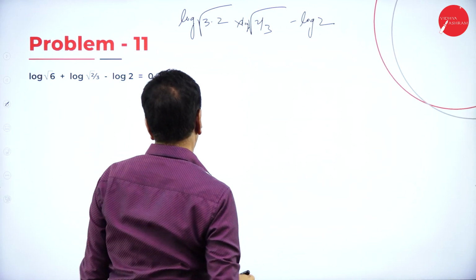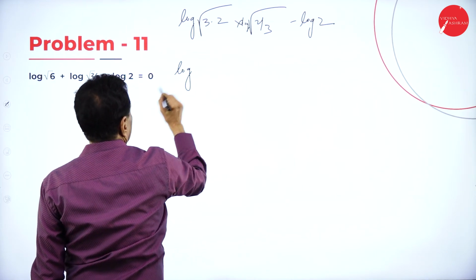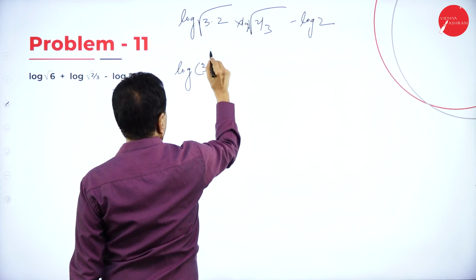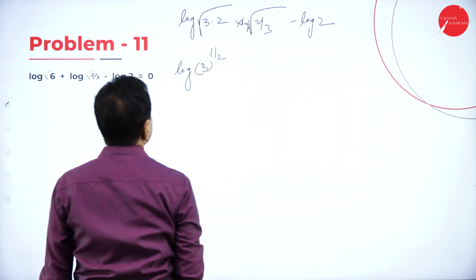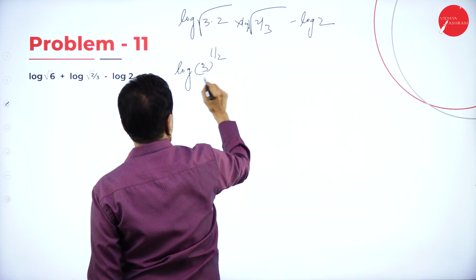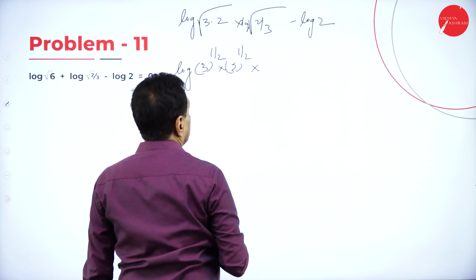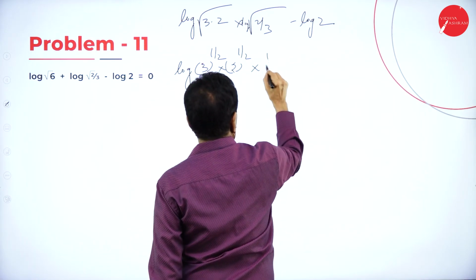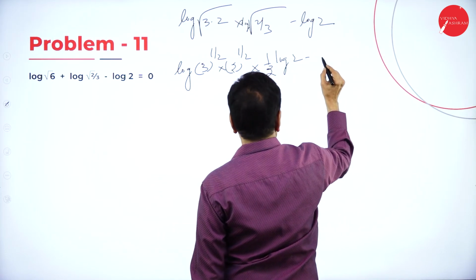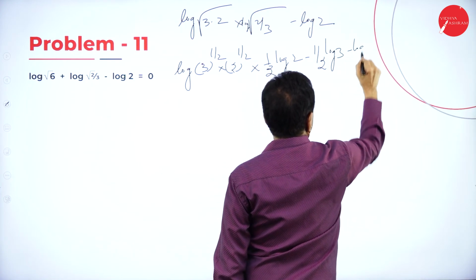This can be written as half log 3 into 2 to the power of half. This can be written as half log 2 minus half log 3 minus log 2.